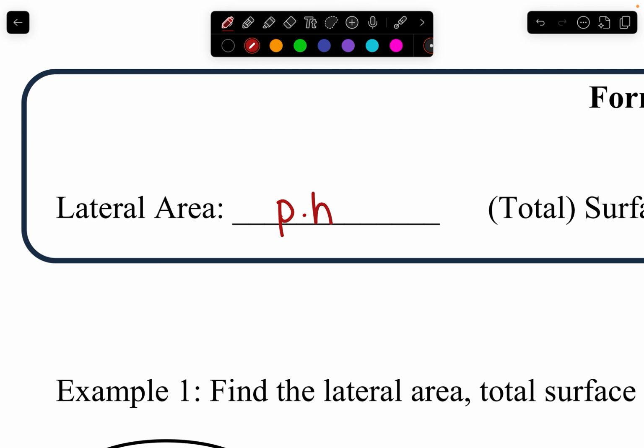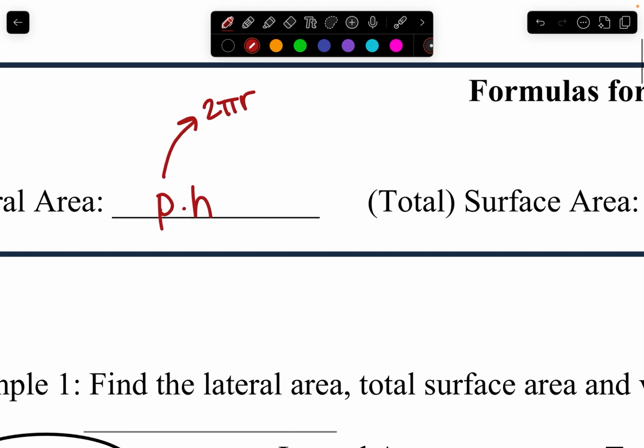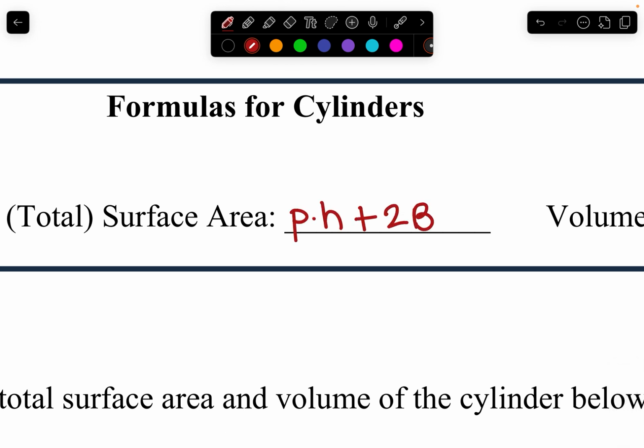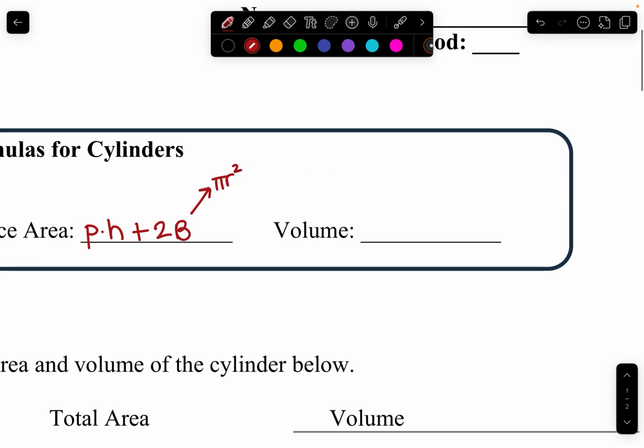So the perimeter of your circle is always going to be 2 pi r, which is how you find circumference of a circle. But instead of trying to remember the different formulas that there are, we just say it's P times H, okay? Your total surface area is, again, P times H, and then we have to add on the two bases. And the bases in this case, again, are going to be circles. The area of a circle is pi r squared. And then volume is big B times H.